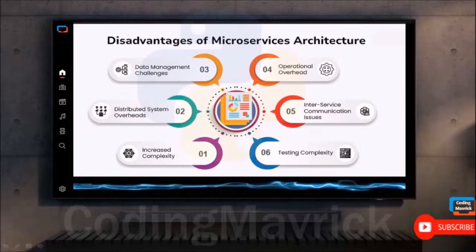Services talk over a network, which means latency, retries, and failures can occur. Each service having its own database can lead to data duplication and consistency challenges. More services mean more continuous integration and continuous deployment pipelines and more monitoring over cloud.